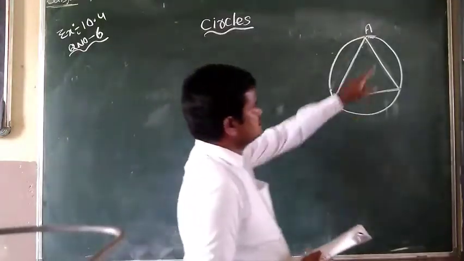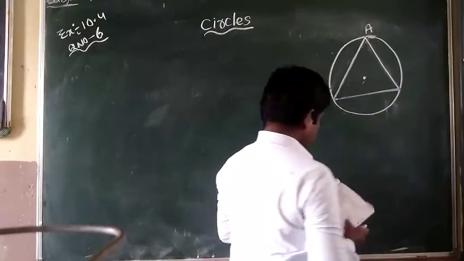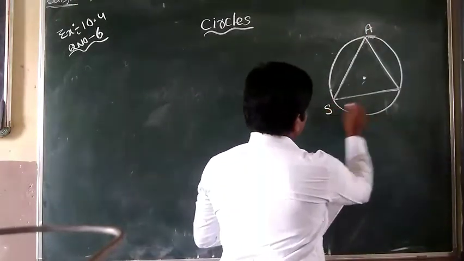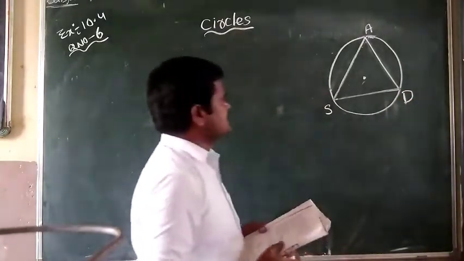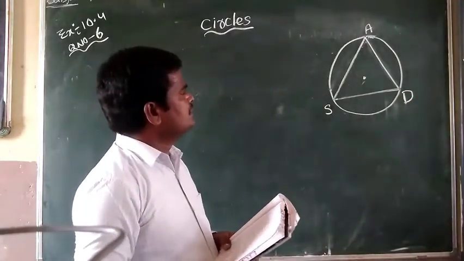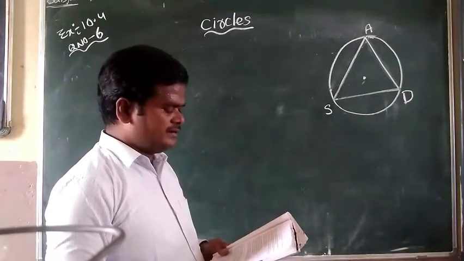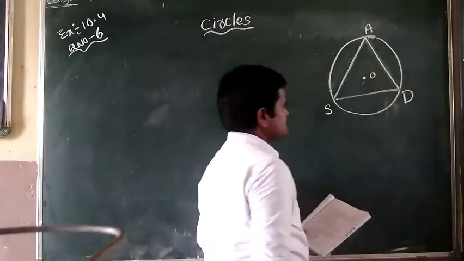So here this is the circular park. This is Ankur, and the others are Syed and David. Ankur is denoted by A, Syed is denoted by S, and David is denoted by D. O is the center of the circle.